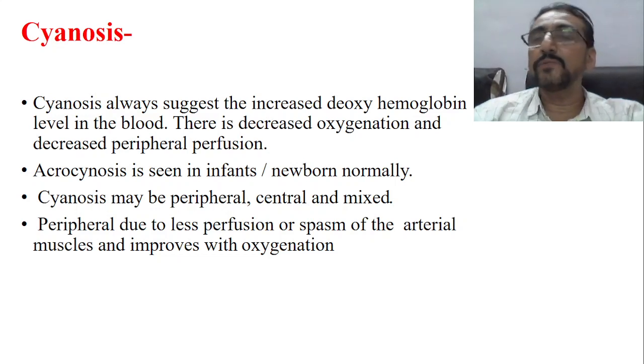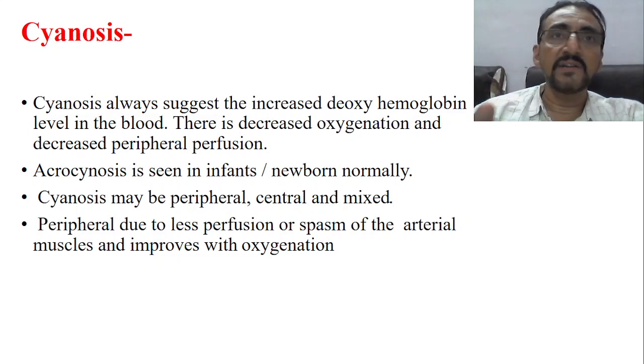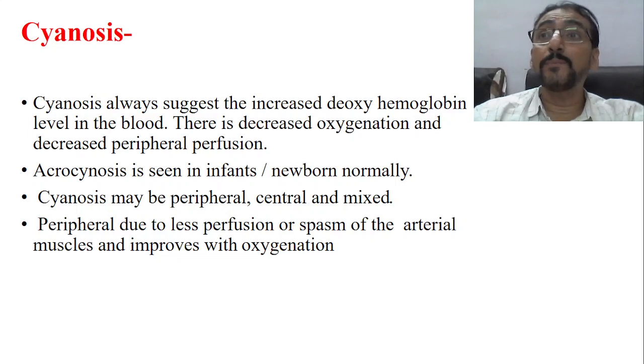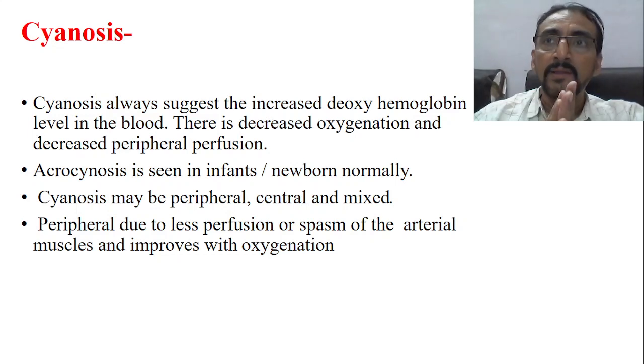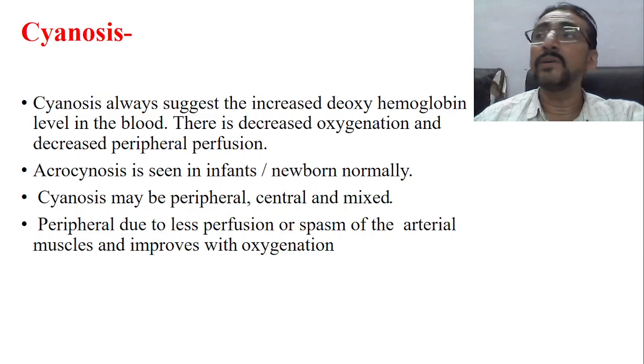One of the best ways to understand peripheral cyanosis is that it gets better with two important things. Suppose a patient has peripheral cyanosis. If you increase the oxygen concentration, the peripheral cyanosis disappears. Or if you increase the body temperature, the body warmth, in case of cold conditions developing into cyanosis, just make your hands warm and the cyanosis will disappear.